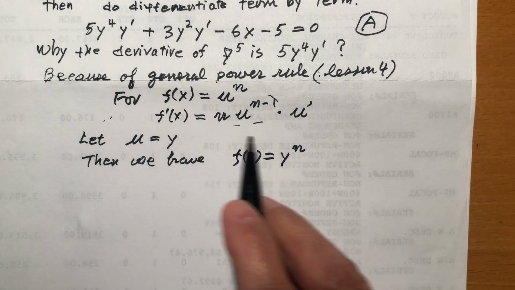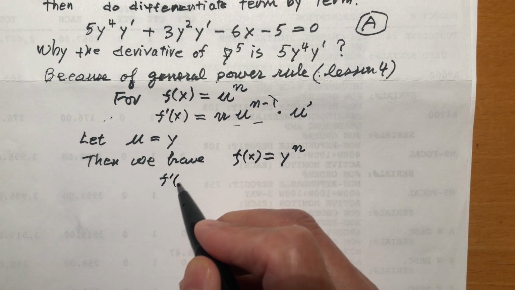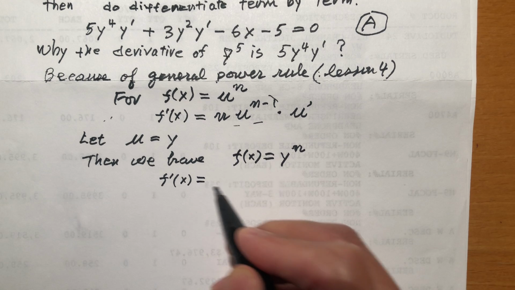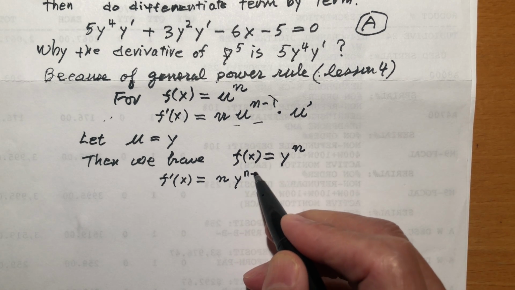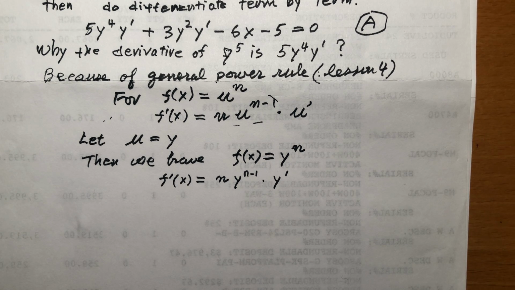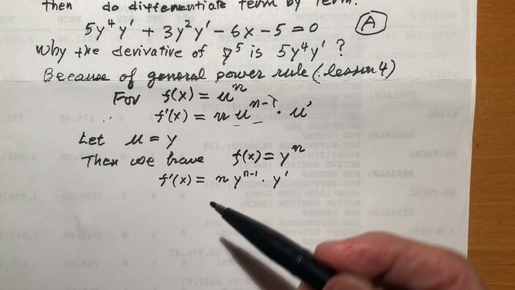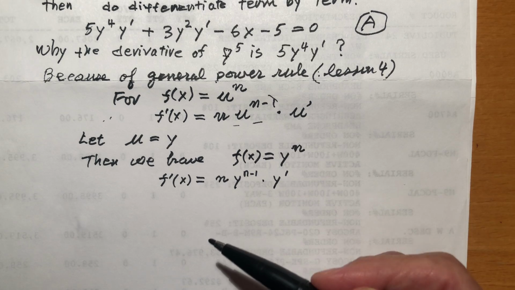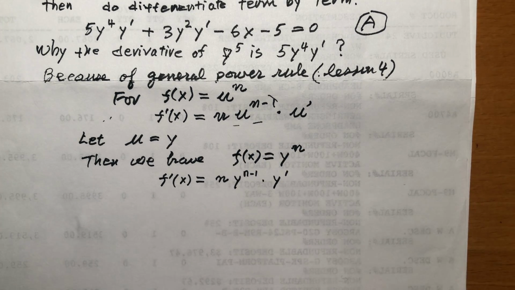And then just follow the general power rule. The derivative is n y to the n minus 1 times y prime. So this follows from our general power rule when u is just y.